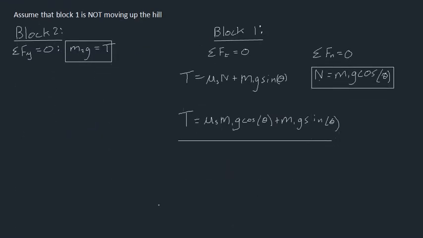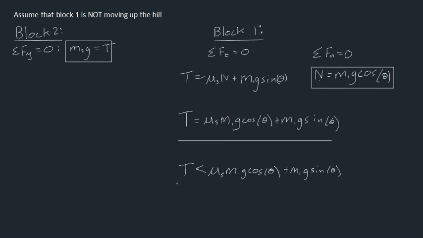So in other words, there are other ways to validate this as well, saying that if T was also any less than mu s m1g cosine theta plus m1g sine theta, then the block also won't move up the hill.